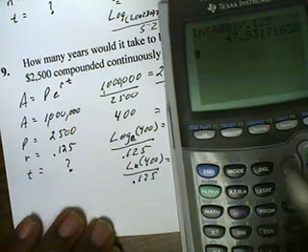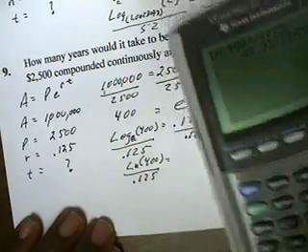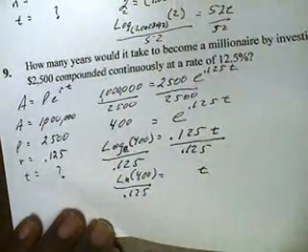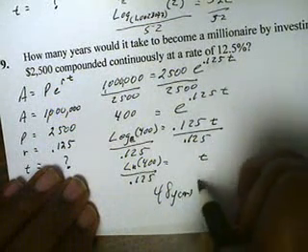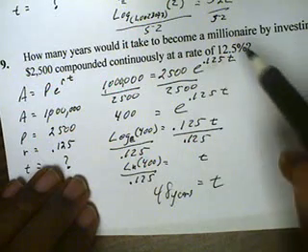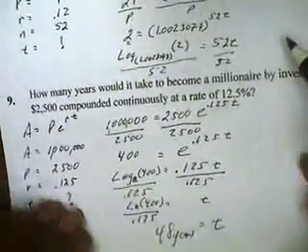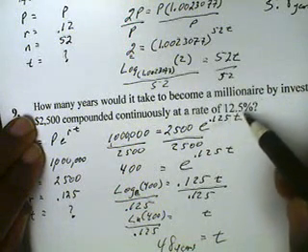And that's going to be about 47.9, let's round it up to about 48 years. So T is approximately 48 years it would take to become a millionaire when investing $2,500 at a rate of 12.5%.